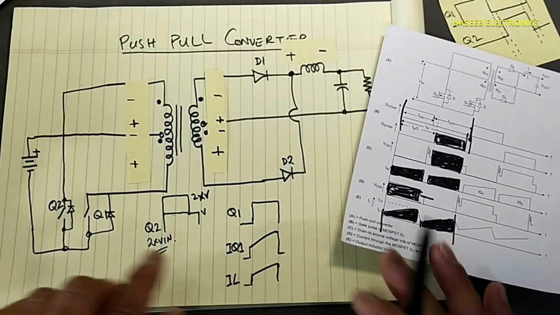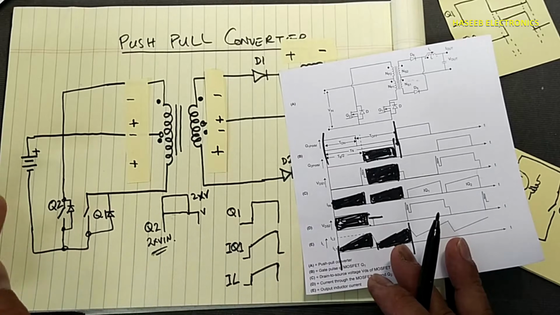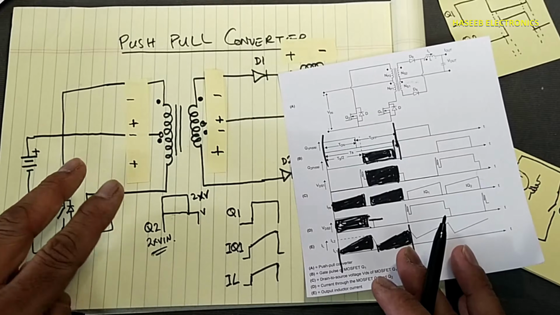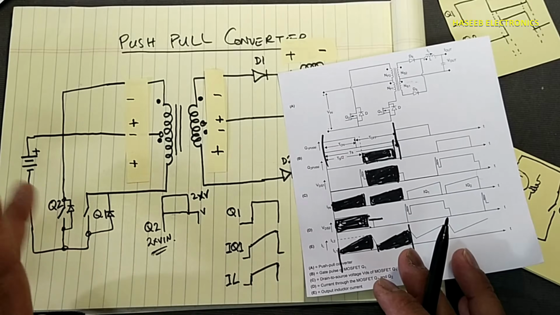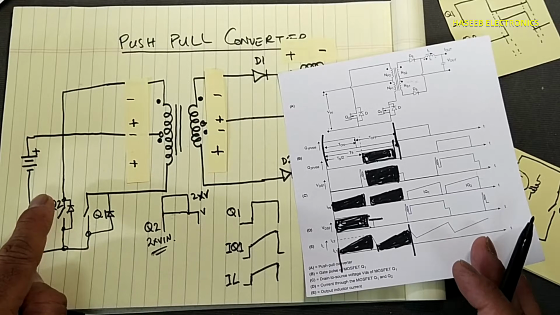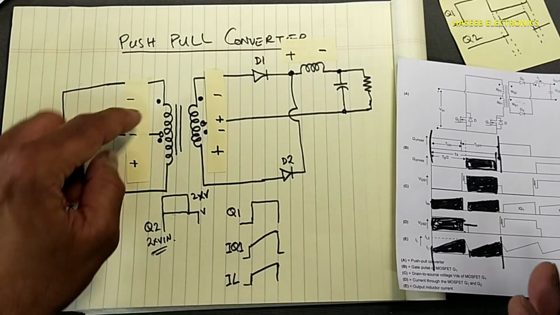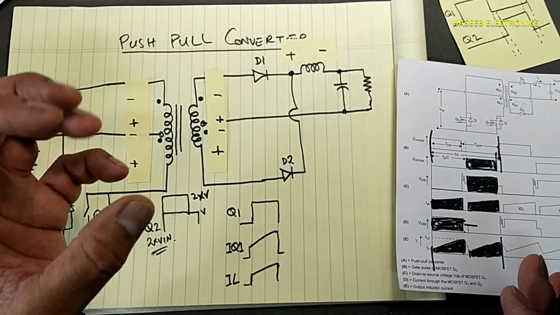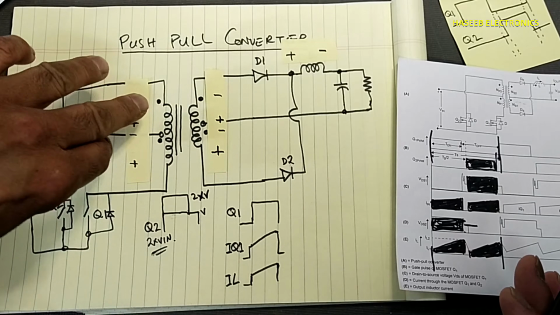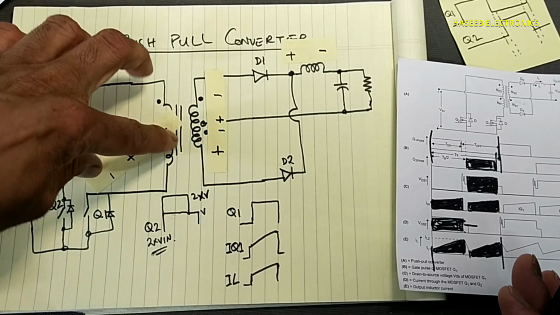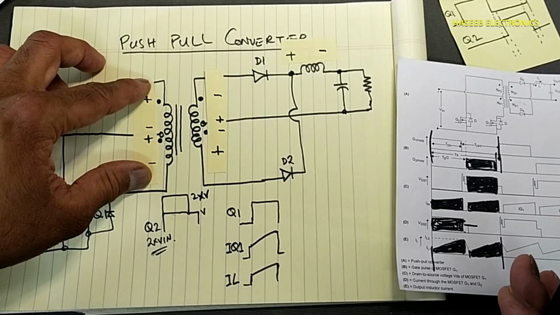But now when Q2 turns off, because these have to work in opposite directions, if this is on, this is off, this is on, this is off. Now when Q2 turns off, the magnetic field will collapse. When it collapses, it will provide an opposite direction voltage, so the voltage polarity will reverse here.